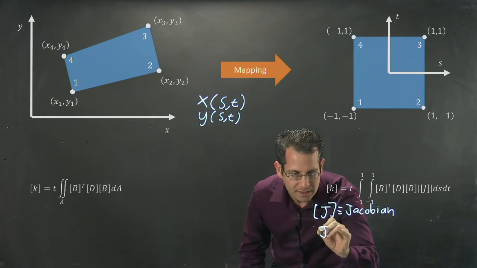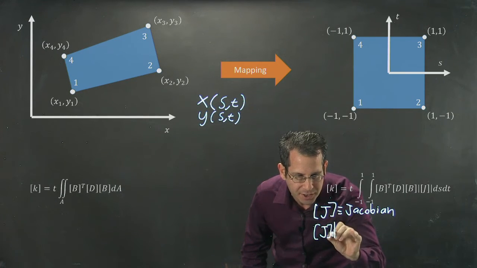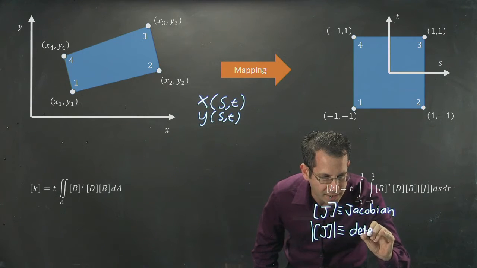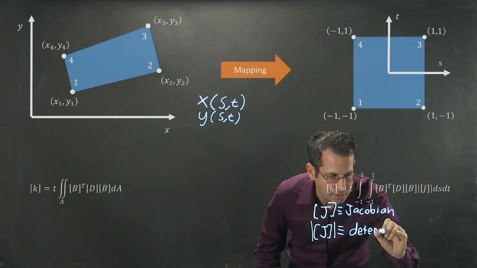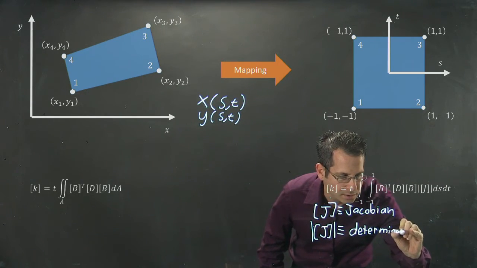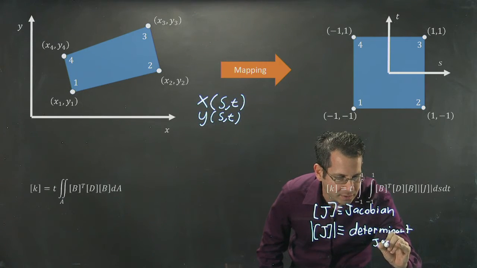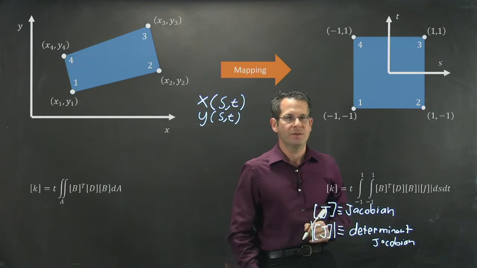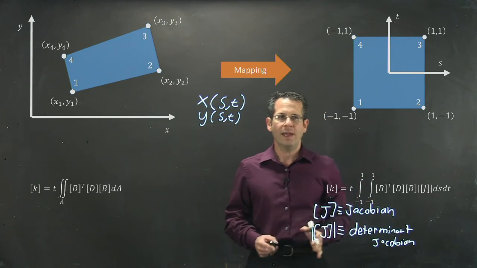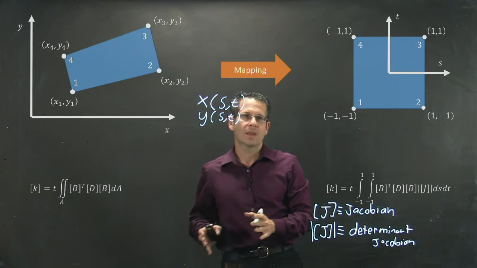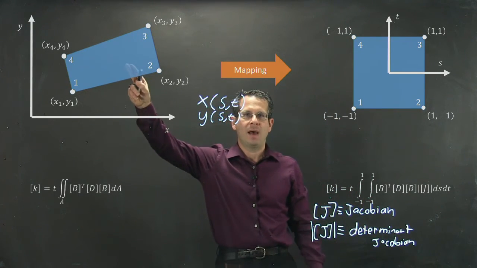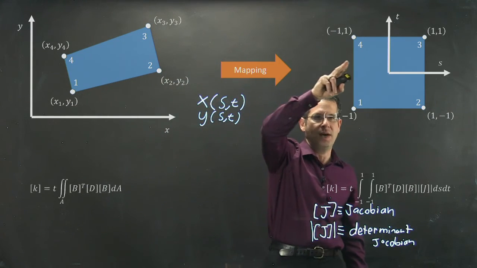What that means is I'm talking about the determinant of the Jacobian. And again, we will discuss that in a future video. All right. In our next video, we will learn how to do this mapping from xy space to st space.